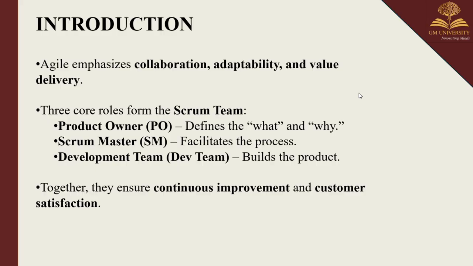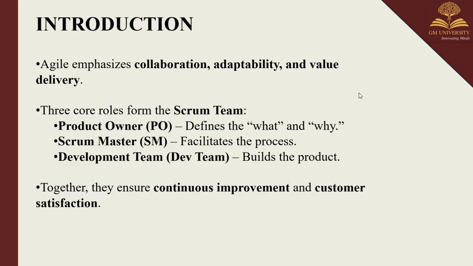Here in this slide, I will let you know the fundamental principles of agile methodologies. Agile is a modern software development approach designed to respond quickly to changes, prioritize teamwork, and deliver working software frequently. Unlike traditional methods such as the waterfall approach, Agile focuses on short, iterative development cycles called sprints.